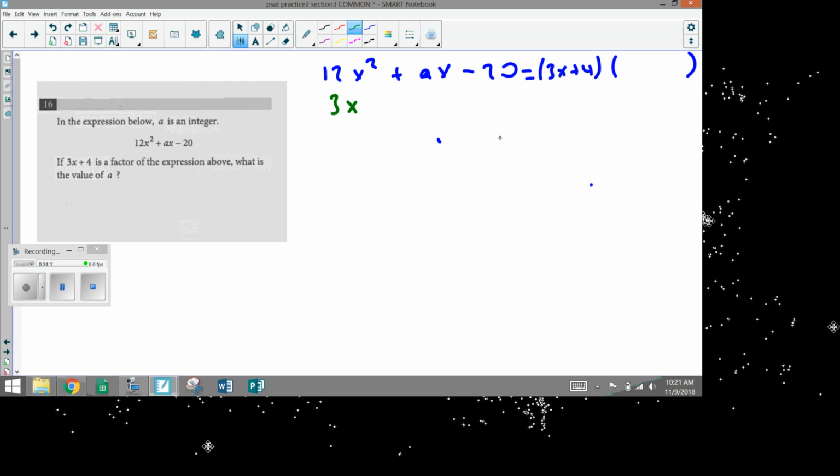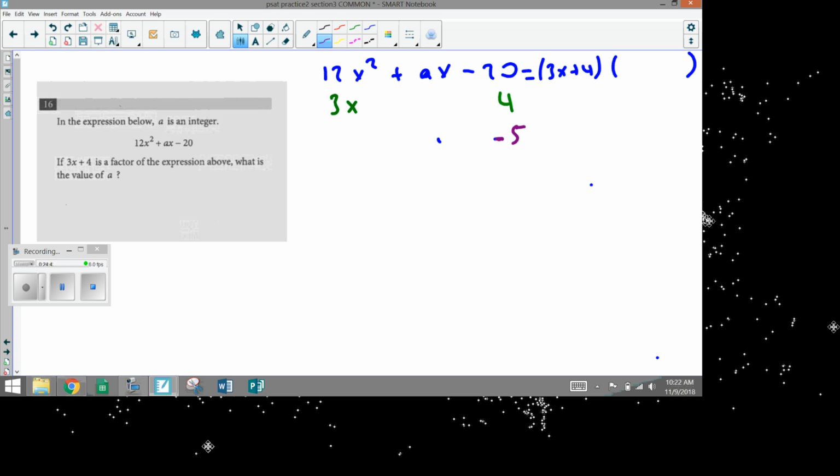3x and 4. I just need to get another couple, correct? So now, 4 times what gives me negative 20? What is it? Negative 5, correct? Guys, are we on the same page? We're not splitting, right?